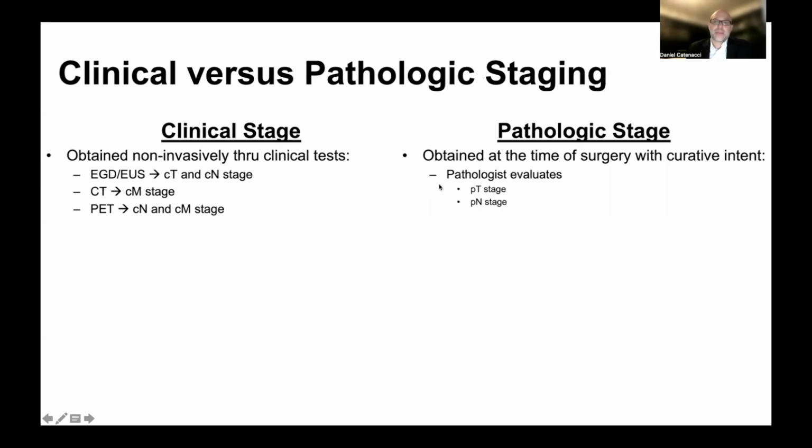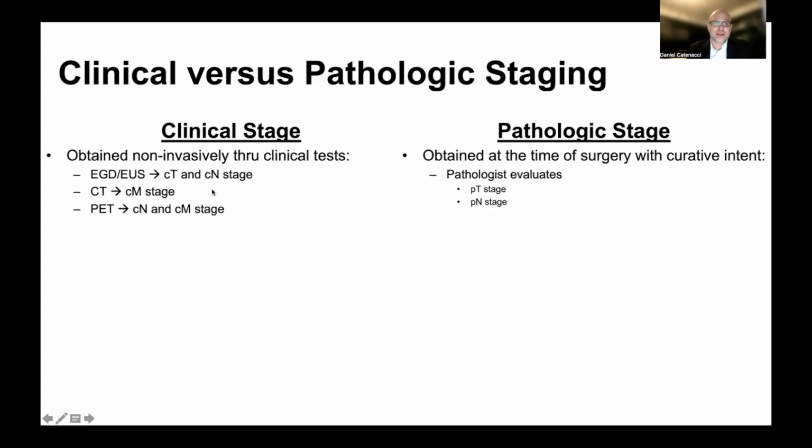But it's the pathologic stage at the time of surgery, when the primary tumor and all the regional lymph nodes are removed, and the pathologist goes through all of that to evaluate what the T stage is and what the pN stage is pathologically. This is the gold standard. These tests are trying to approximate what's going on there.